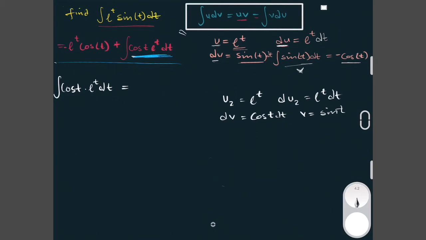And we can just use our equation and substitute everything. So we need u and v. So we have e to the t sine of t minus the integral of v du. So we have our v, we have our du. Integral of sine of t e to the t dt.